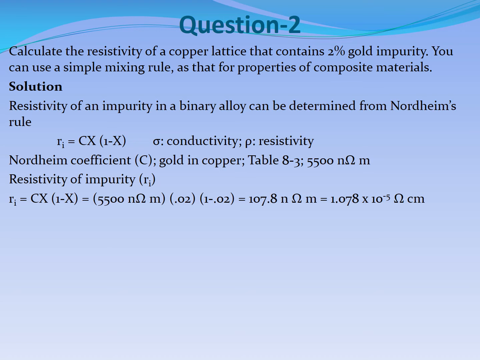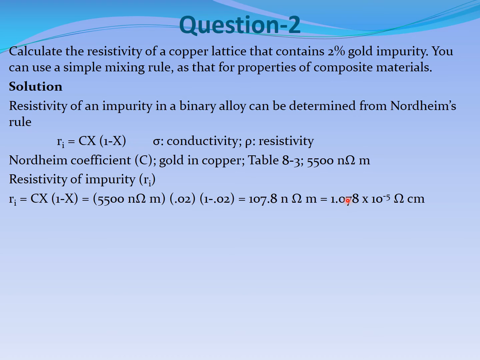So the resistivity of the impurity, gold here, is C x (1 minus x). C is 5500, x is 0.02, 2%. So 1 minus that is 1 minus 0.02. You find out. The unit is nano ohm meter.